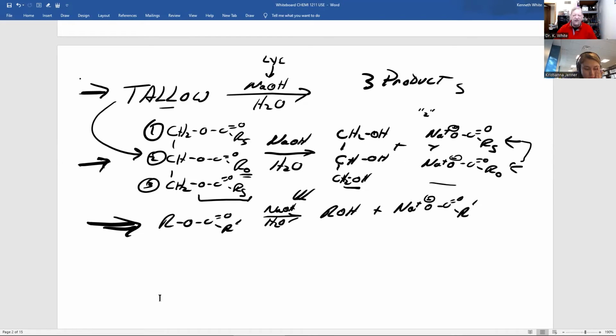And that's why this is called saponification of an ester, because you take the triglyceride, this ester, or triester, and you make soap out of it.